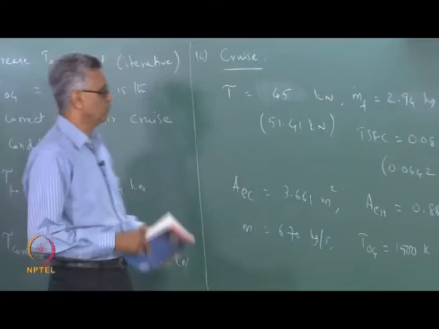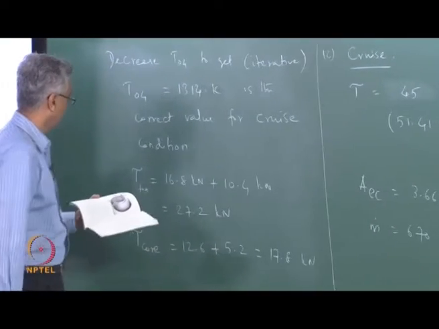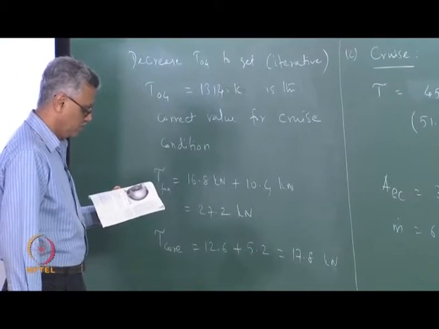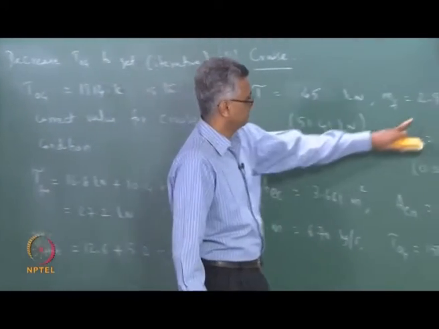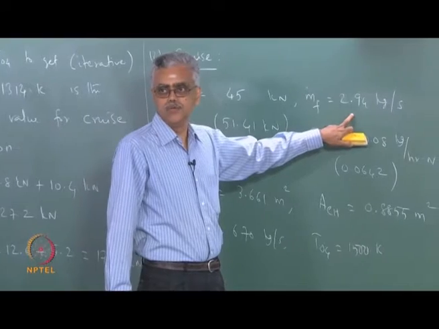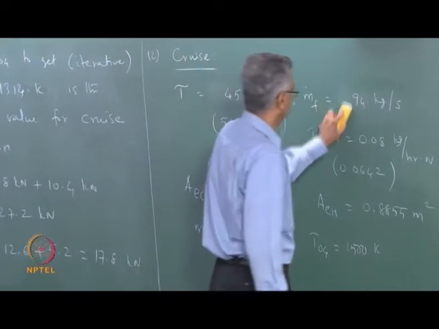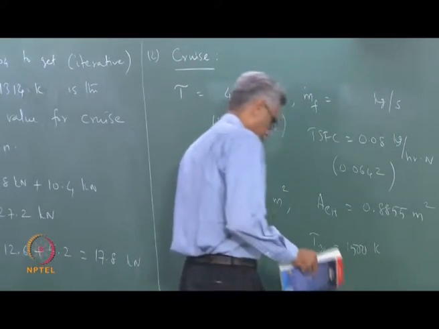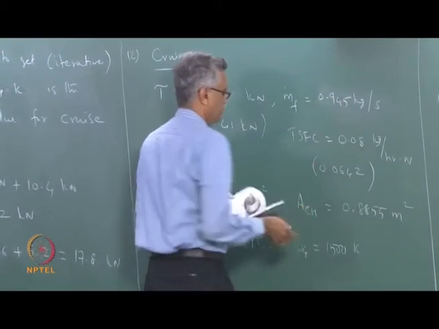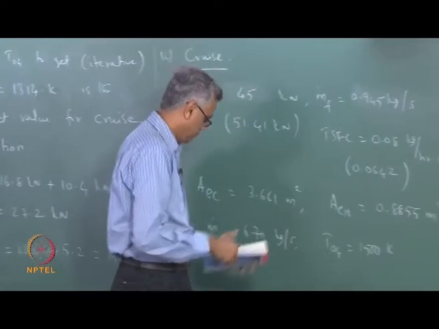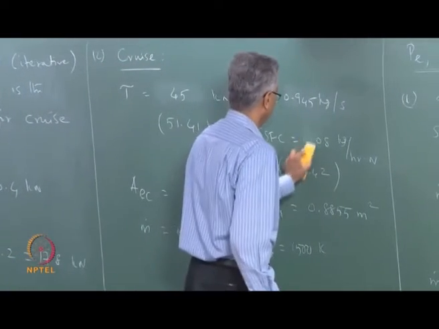okay. Mass flow rate of fuel for this T04 works out to be about 0.945 kilogram per second. Instead of 2.94, this now becomes 0.945. Which then gives me a TSFC of 0.0756.